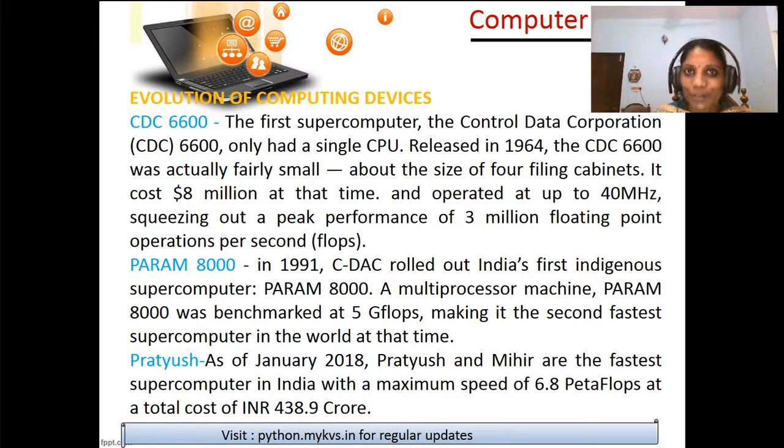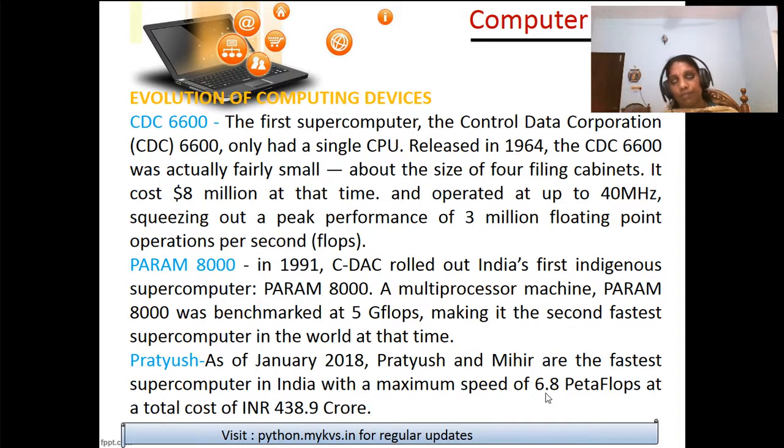So from the first supercomputer, we are moving on to the last supercomputer developed here. It is Pratyush. Actually, I should say Pratyush and Mihir, both. They are the fastest supercomputers now running in India, with a maximum speed of 6.8 petaflops. Now you know the meaning of flop: floating point operations per second, which determines the speed.